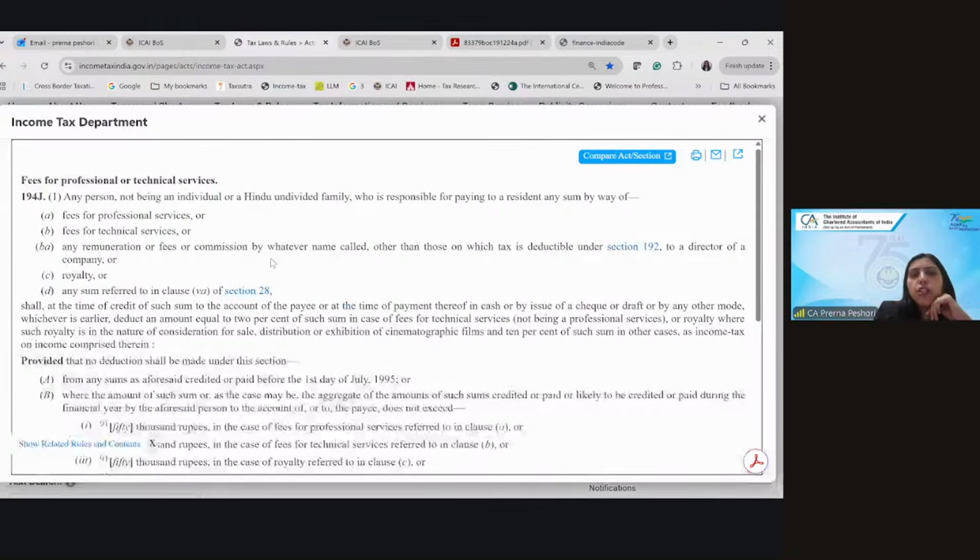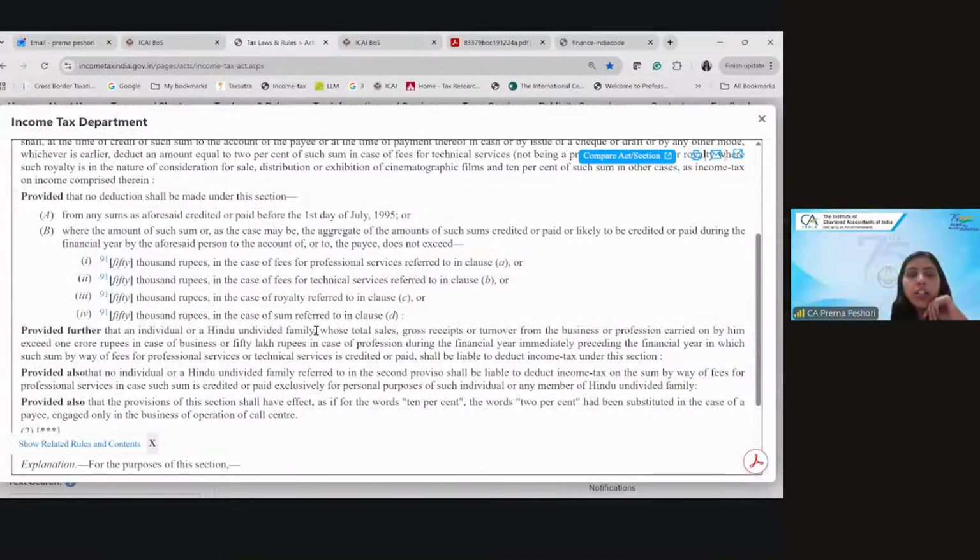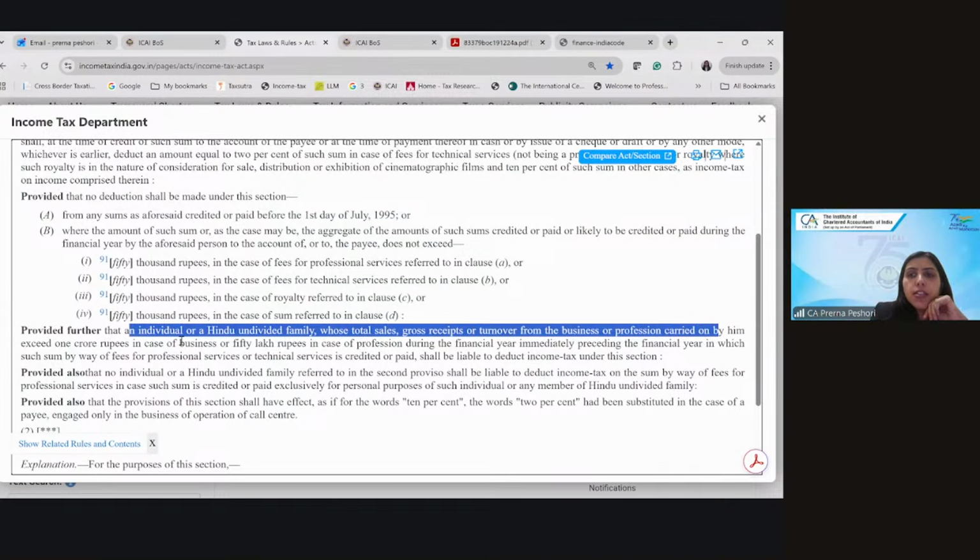Fees for professional or technical services. Okay. So 194J says any person, not being an individual or HUF. For individual or HUF, they say an individual or HUF whose total sales, turnover, gross receipt from the business or profession exceed 1 crore in case of business or 50 lakh in case of profession in the preceding financial year.